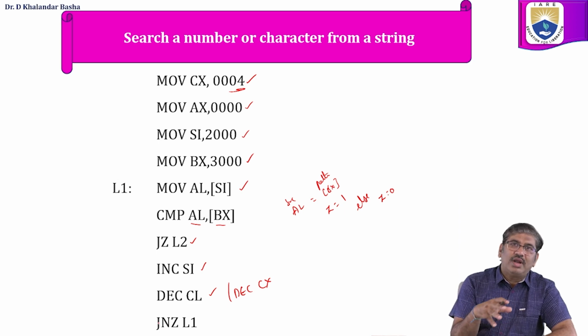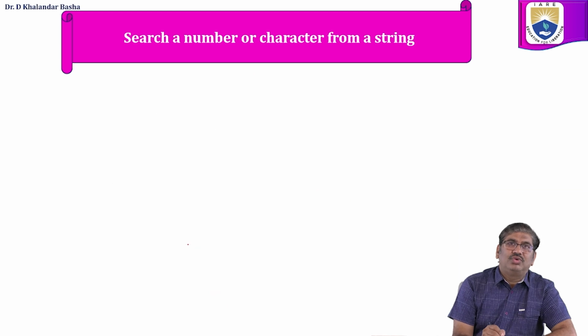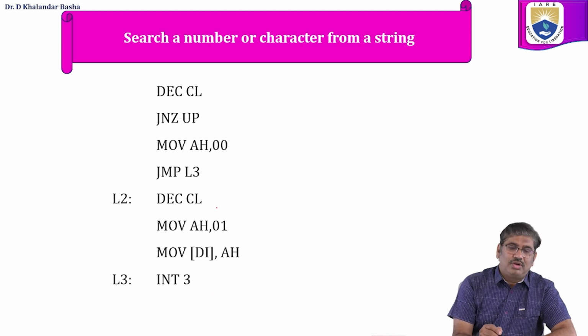So this loop 1 will be iterated if the string pattern is not present in the middle, so it is going to execute the number of times specified as the count in the CX register. When these two data are equal, we come to loop 2, where the count is decremented, and 01 indicates the string is found.